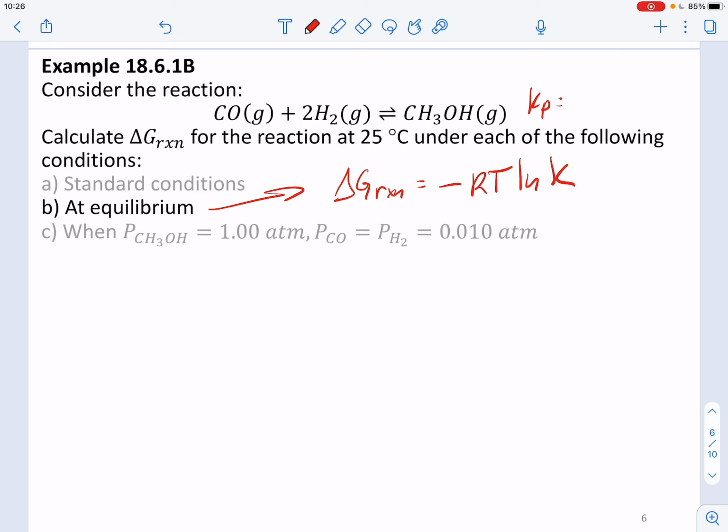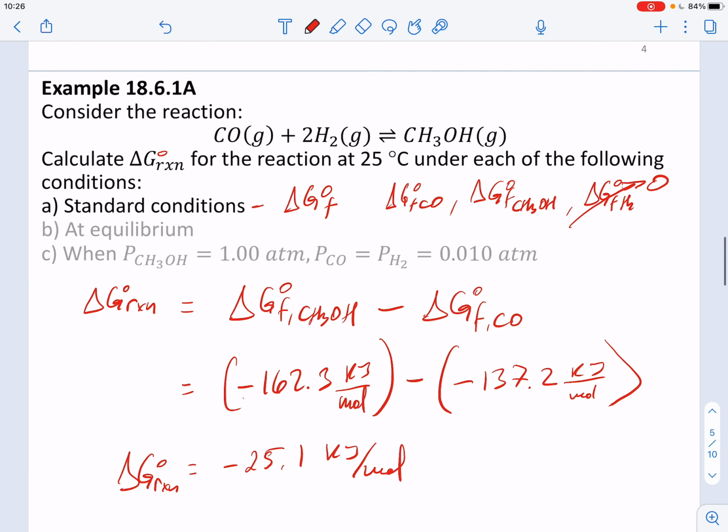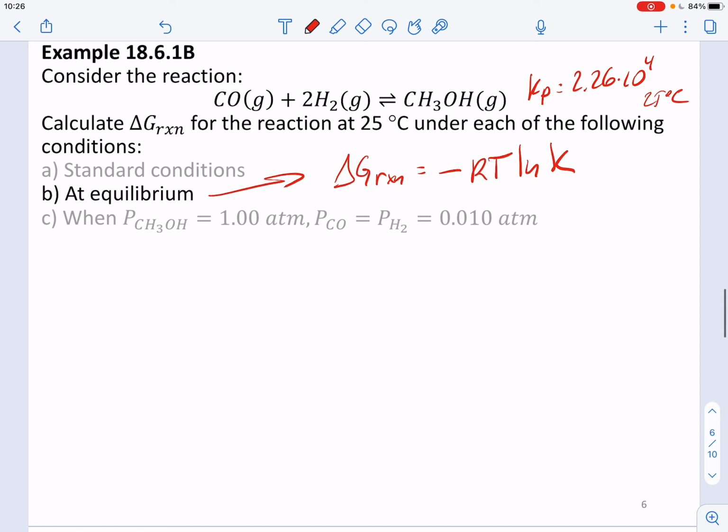Kp is 226 times 10 to the negative 4, and this is at 25 Celsius. Okay, sorry about that. So that's the value of the constant. I just forgot to add it in the slide, and we are using this equation because that relates the delta G for the reaction under equilibrium conditions, because you are using the equilibrium constant.